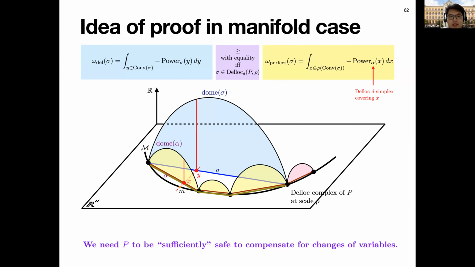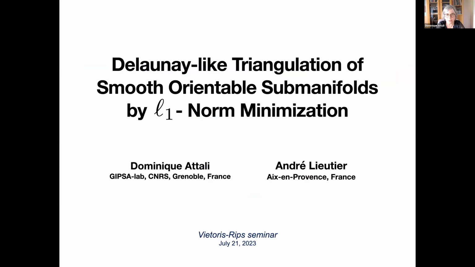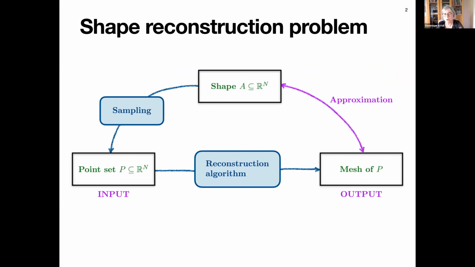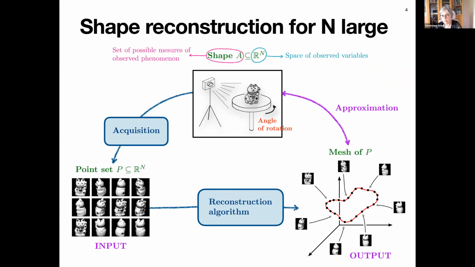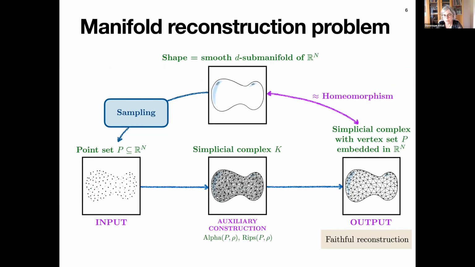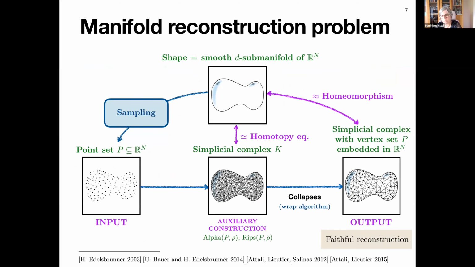I think one difference definitely is this. Can I go to the beginning? All those constructions, you can locate them here. And what they say is that under some conditions that are much easier, in particular you don't need those safety conditions, you get something that is much weaker: the homotopy equivalence.